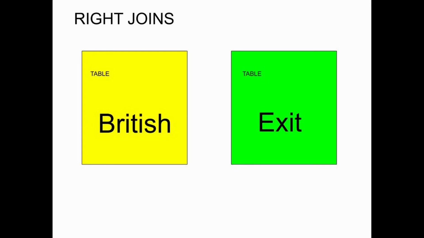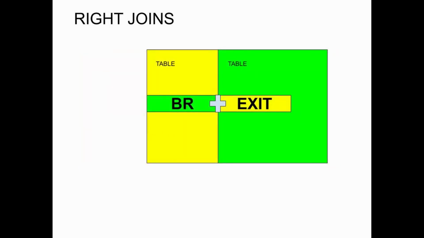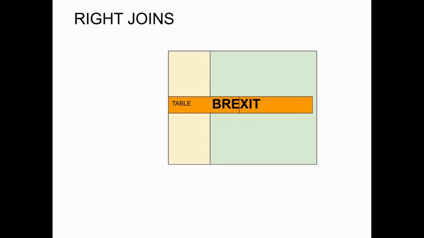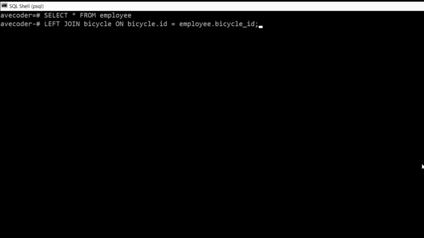And speaking about the right, let's have a look at how right joins work. They are essentially mirroring the left joins. So if we had a table called British and a table called exit, and we did the right join, we'd get Brexit. So essentially all records from the table on the right plus records from the left, even if they are empty.